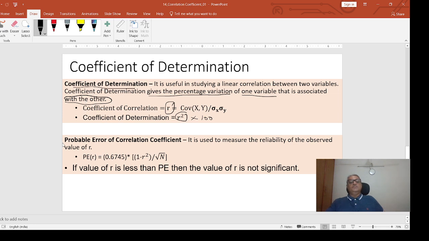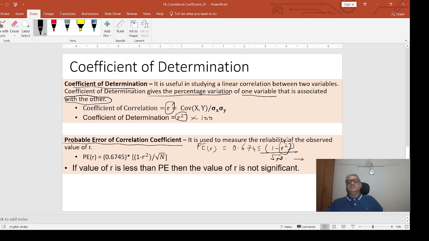And then one more measure is probable error of correlation coefficient. Now here you calculate probable error for R, that is PE. PE of R is calculated by multiplying 0.6745 by 1 minus R square divided by root n, where n is the number of observations, right?